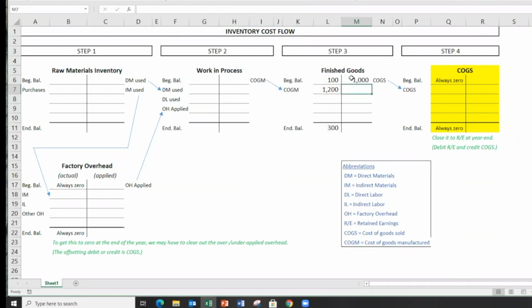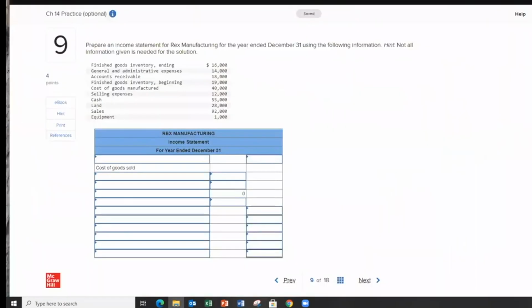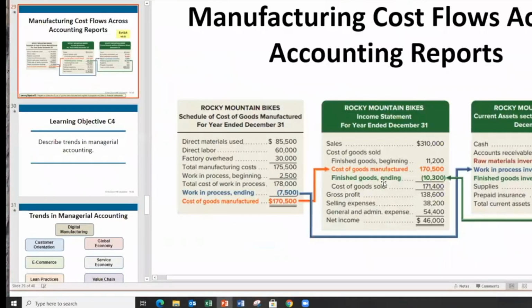That means we must have sold 1,000, because 1,300 minus 300 is 1,000. So that is what we must have sold. If you translate that to this right here, finished goods beginning plus what we manufactured minus what we ended with is what we sold.